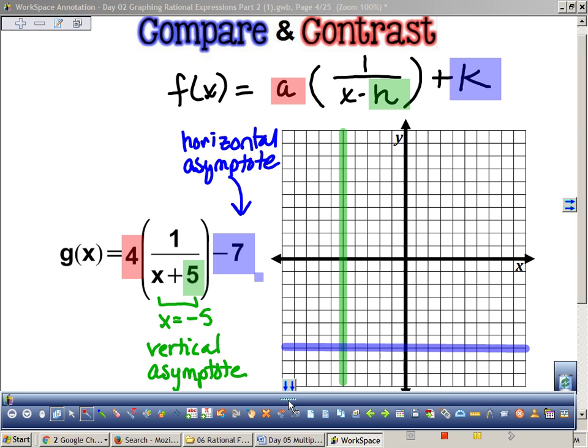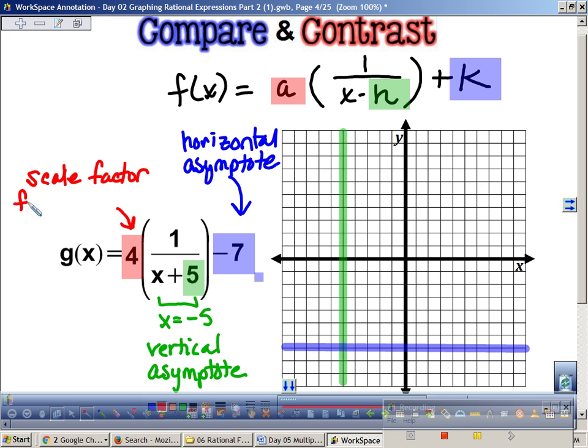This 4 out here is the scale factor for my reference point. Scale factor for my reference point.